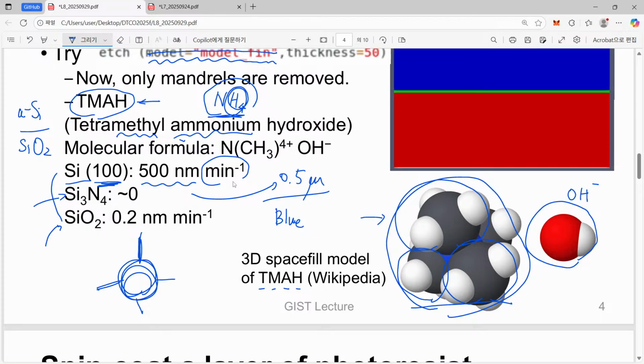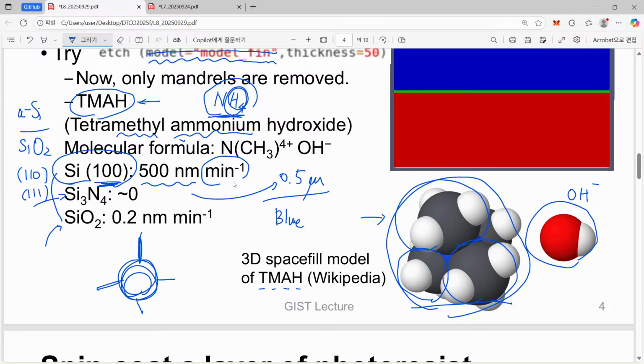Of course, I have to stress that this is for crystalline silicon. If we have a look at different directions like 110 or 111, it has a different etch rate for different surfaces. So we cannot say that this is an isotropic etchant for crystalline silicon.